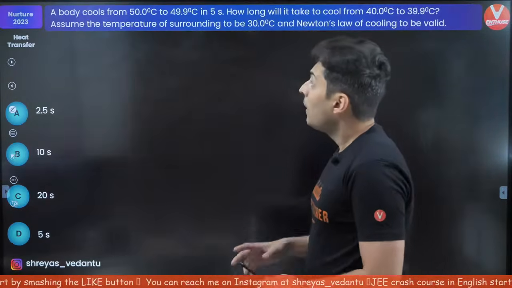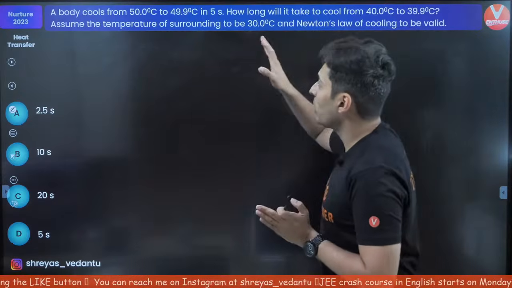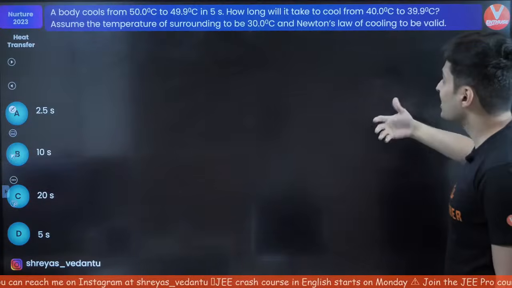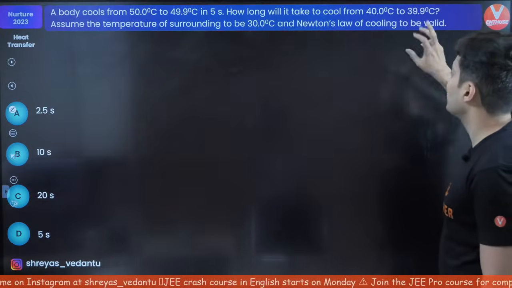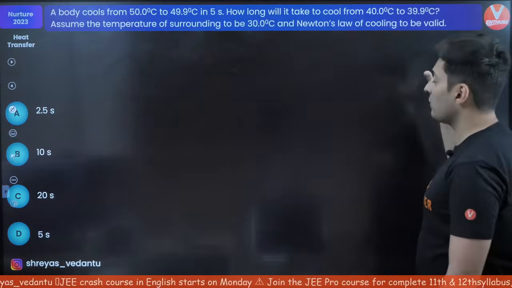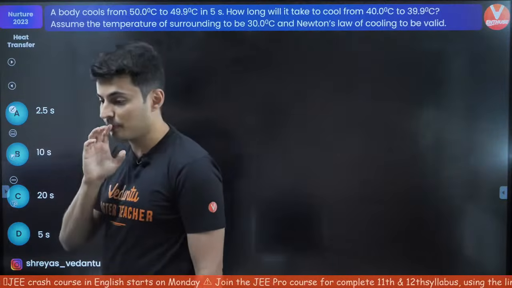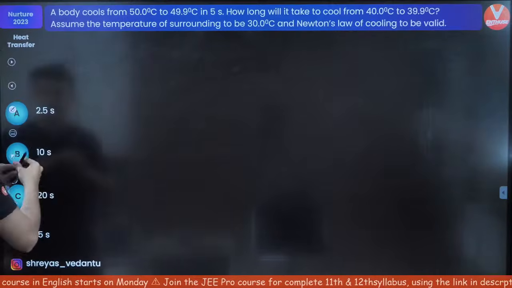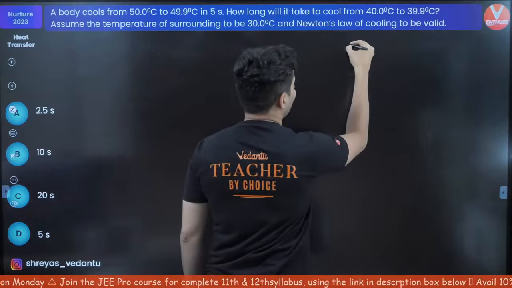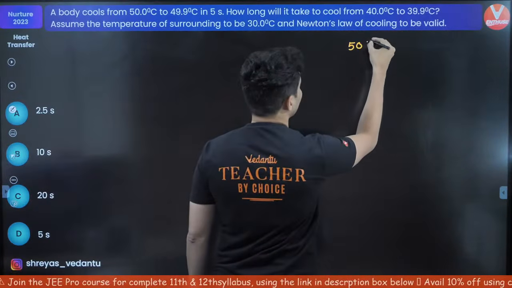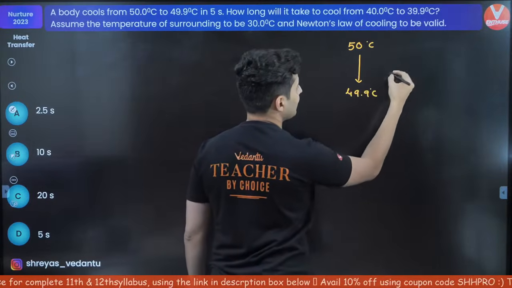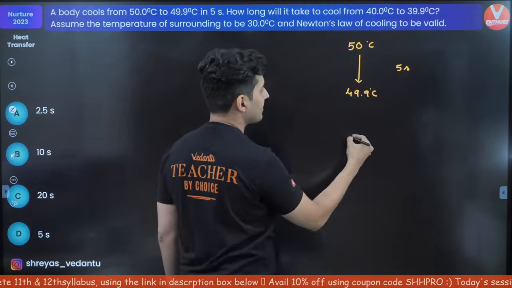A body cools from 50 to 49.9 in 5 seconds. How much time will it take to cool from 40 to 39.9? Assuming the surrounding temperature is 30, Newton's law of cooling is valid. Very interesting question. Let's see. First of all, from 50 degrees Celsius to 49.9 degrees Celsius, it has taken 5 seconds.